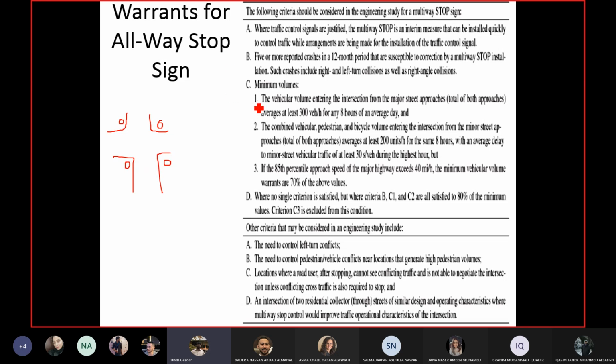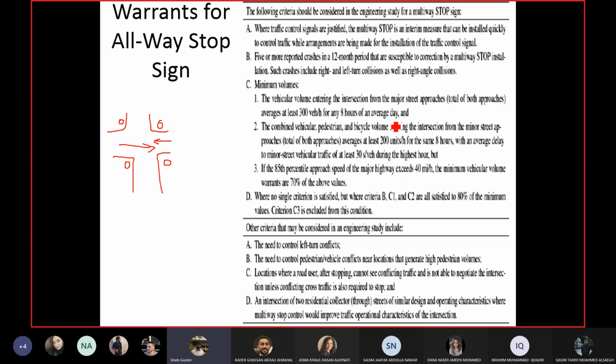Then the third condition involves these 3 items, and they are all related to volumes. The first is the volume entering from the major approach, from both sides. So the volume coming from both sides combined is at least 300 vehicles per hour for any 8 hours of an average day.